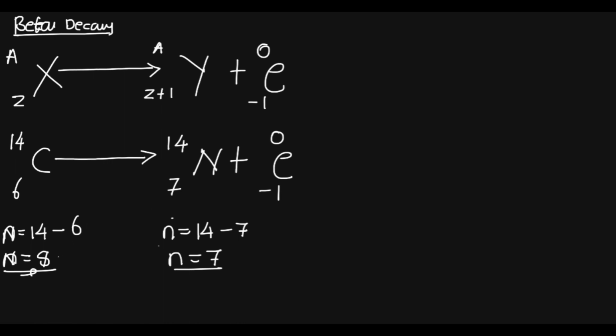So what has happened to 1 neutron? What this means is that a neutron has split into a proton and an electron. That's why we can see that the number of protons has increased, and we have this electron here. So that is what it means if we try to analyze what has happened.